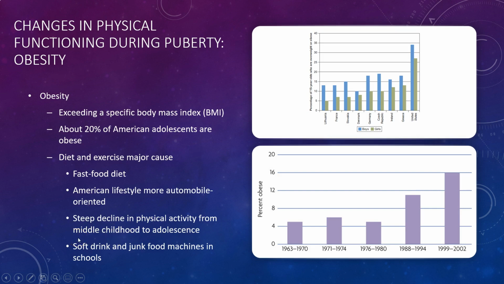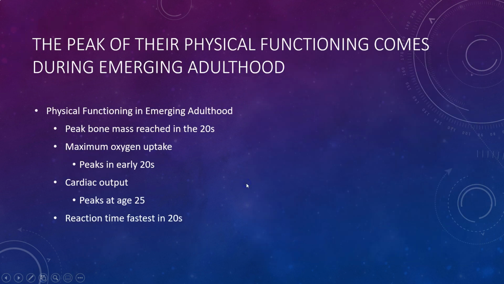Middle childhood, individuals are more likely to be out playing around, bike riding, playing sports, things like that. Adolescence, more typical of a time to be at home, be in your room, be on social media, your telephone, things like that. And perhaps the influence of soft drinks and junk food machines in schools. Definitely something to keep in mind or to think about, since it's such a noticeable increase.